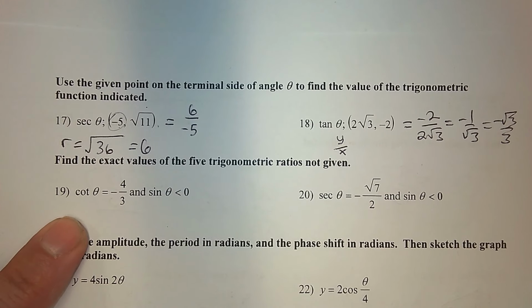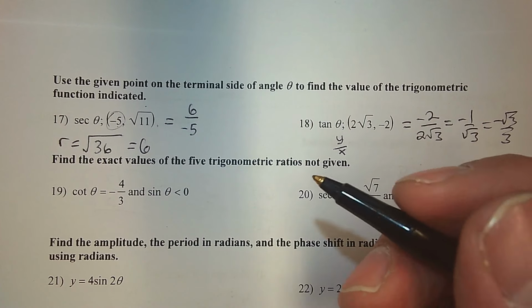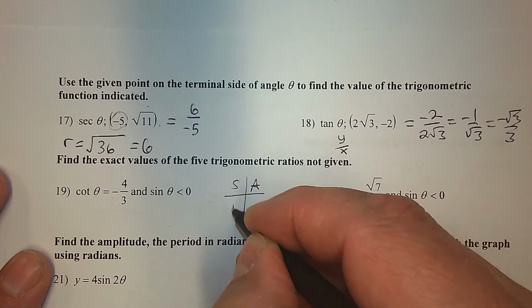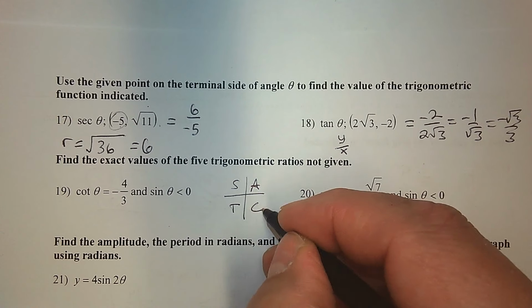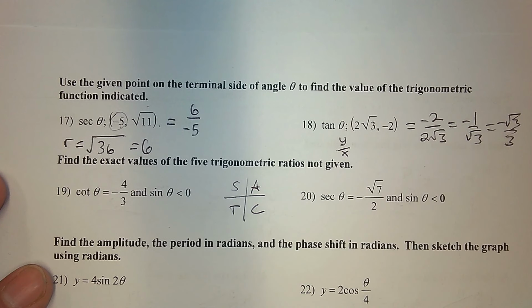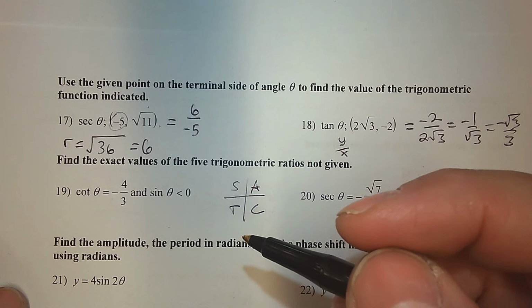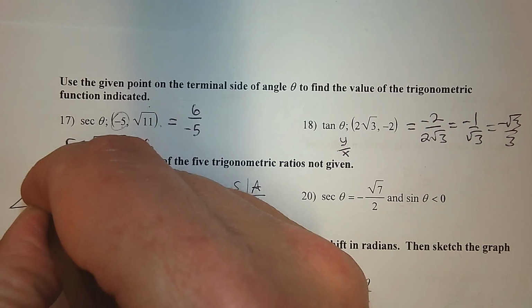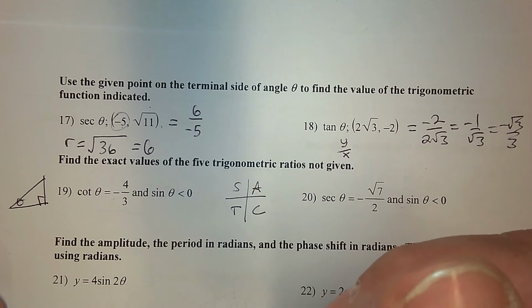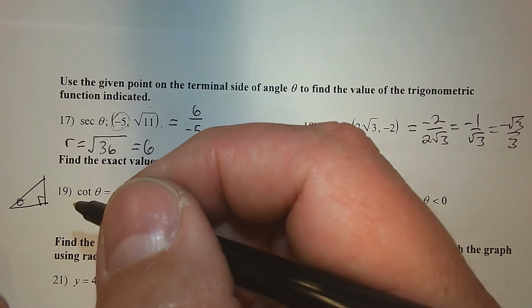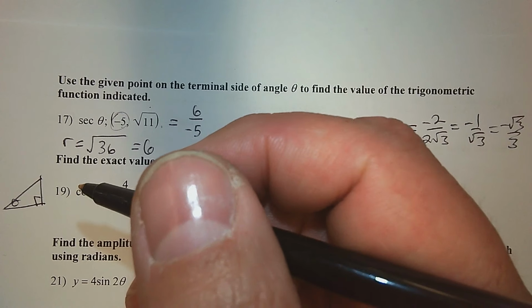Here, we need to know the quadrant. In this one, it's a right triangle question, and we need to label it. Cotangent is adjacent over opposite. But what quadrant are we in?